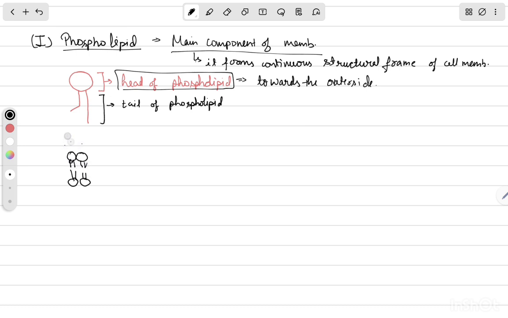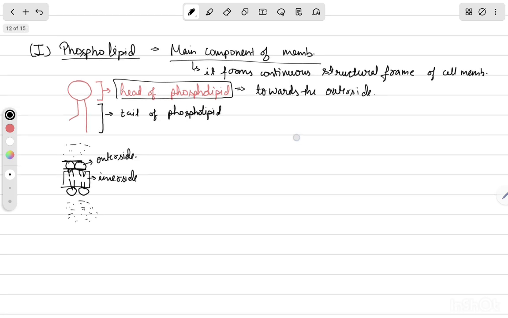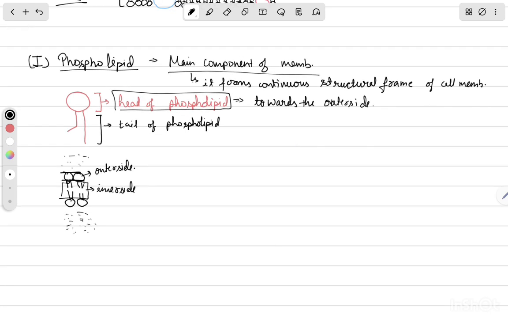This will be outside of the cell, or this is inside of the cell, which is cytoplasm. So always this head particle is toward the outer side and this tail particle is toward the inner side. So the head of phospholipid is toward the outer side.